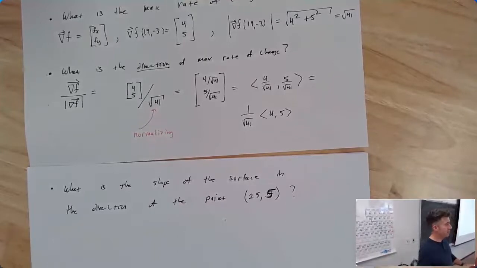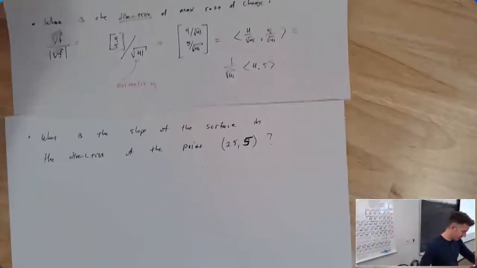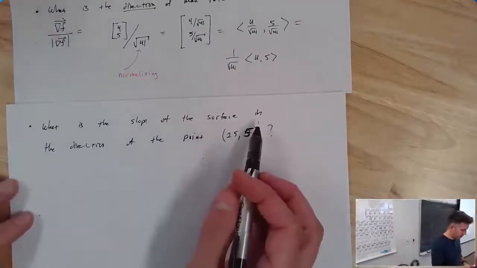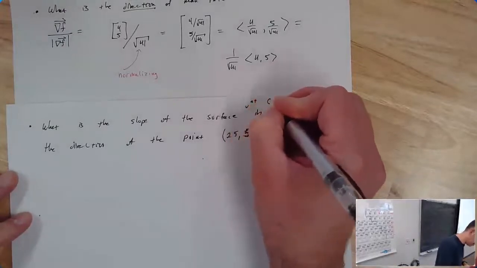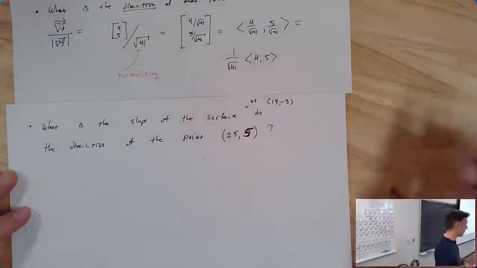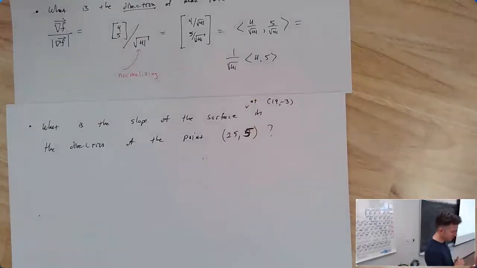Okay, so to find the slope of the surface, aka the derivative, aka the directional derivative, we need our gradient, which we already have, and our vector, which we're going to find. What is the slope of the surface at 19 comma negative 3, because that's the point we've been working with, in the direction of the point 25 comma 5?